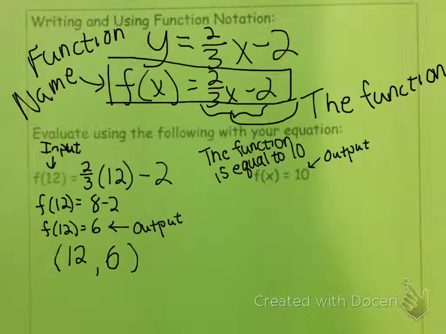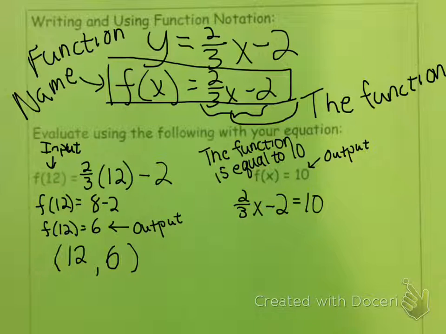And we labeled up above that the function was the 2/3 x minus 2, which is equal to 10. Now we've done this before. We are going to solve for x.